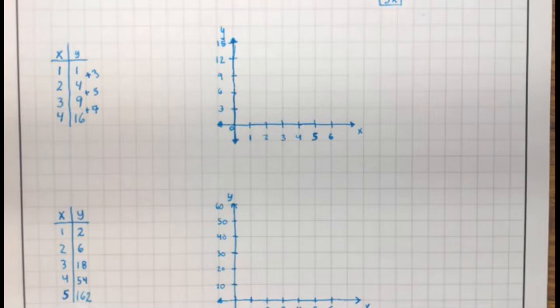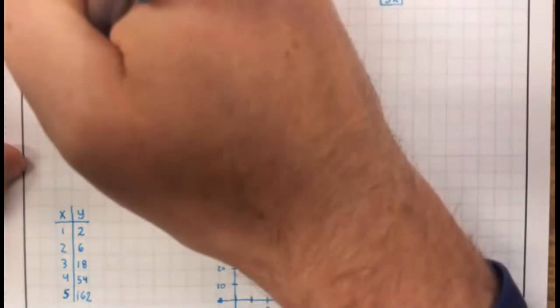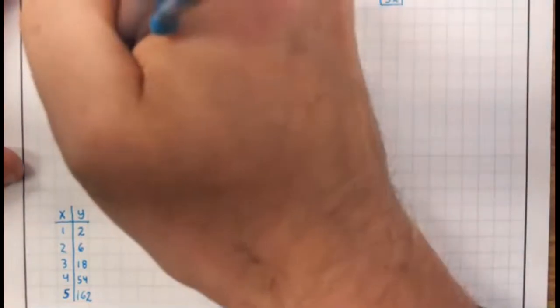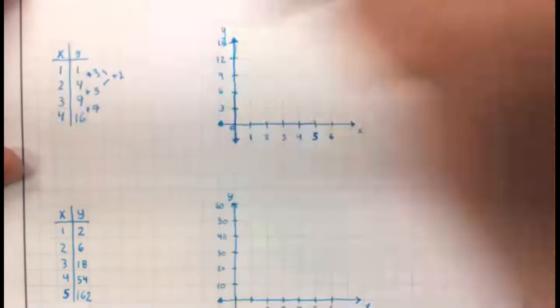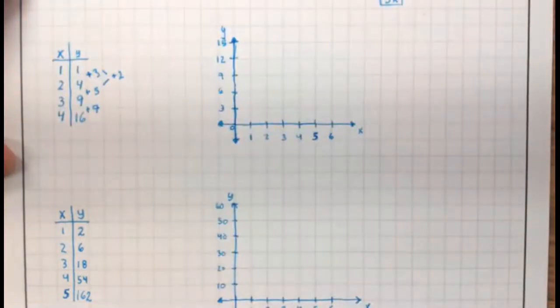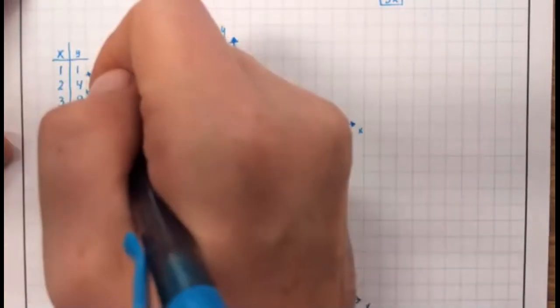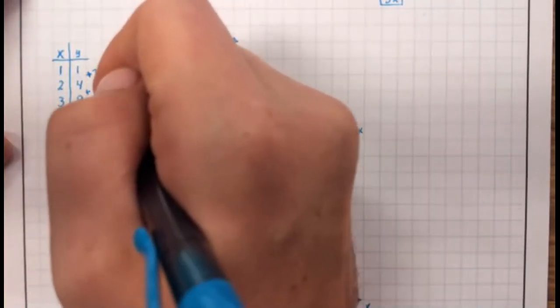So what we're going to check now is the second rate of change. Second change. So to get from 3 to 5, I go up by 2. Add a 2 to get from 3 to 5. And then to get from 5 to 7, this second change was also 2. Okay?